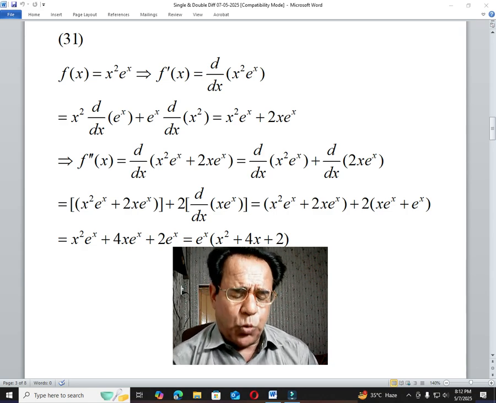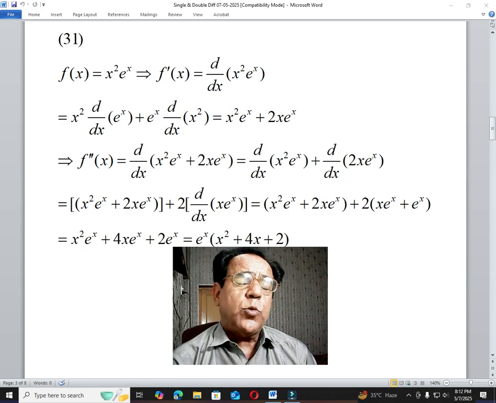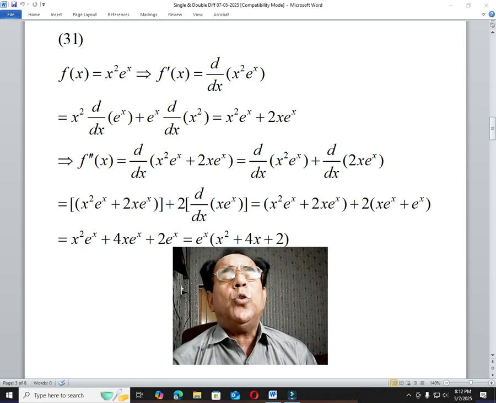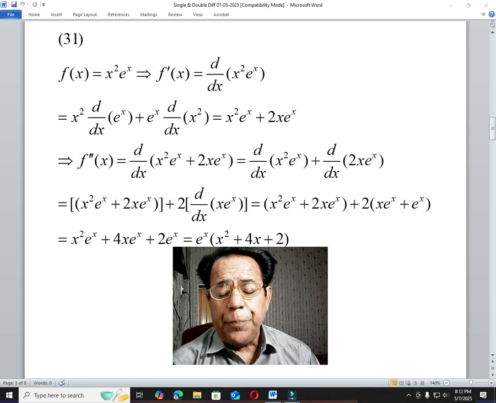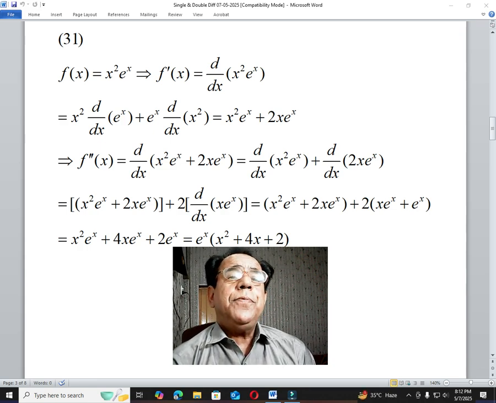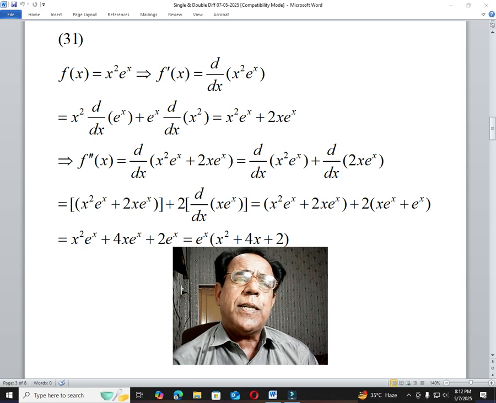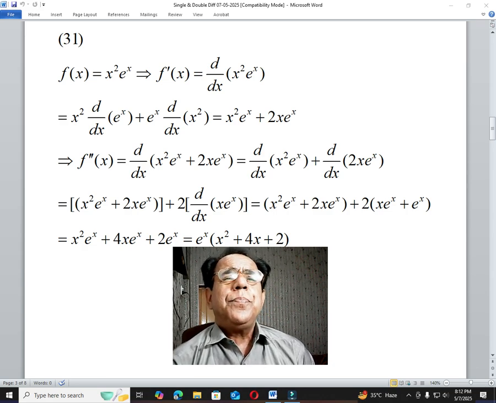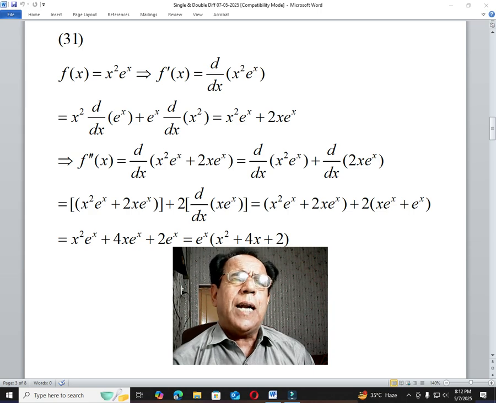In the product rule, we know that one time we differentiate one of these two functions and keep the other function as a constant, and the second time we treat them alternatively.